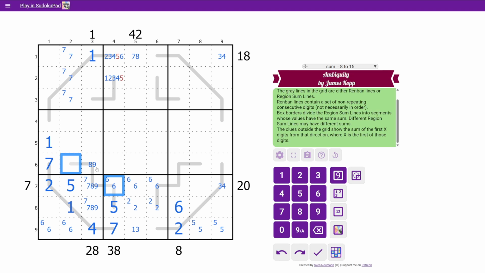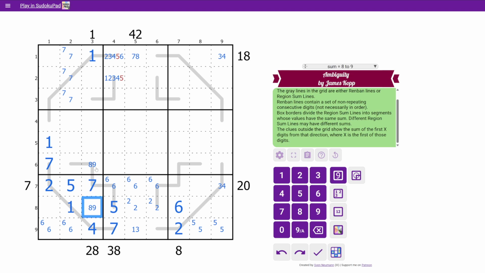Wait a minute. 3, 4, 5. It has to have an 8 or 9 on it. 4, 5, 6, 7, 8. Yes, so it has to include a 4. So I already have the... Oh, and the 7 has to go here, because that's the only place that it's not seen.